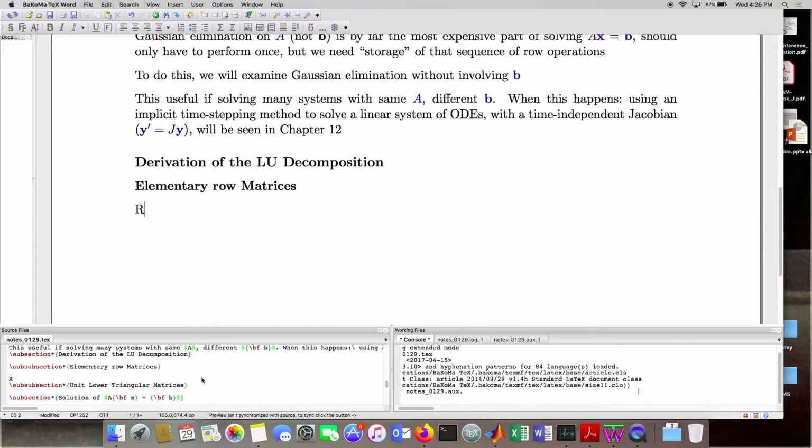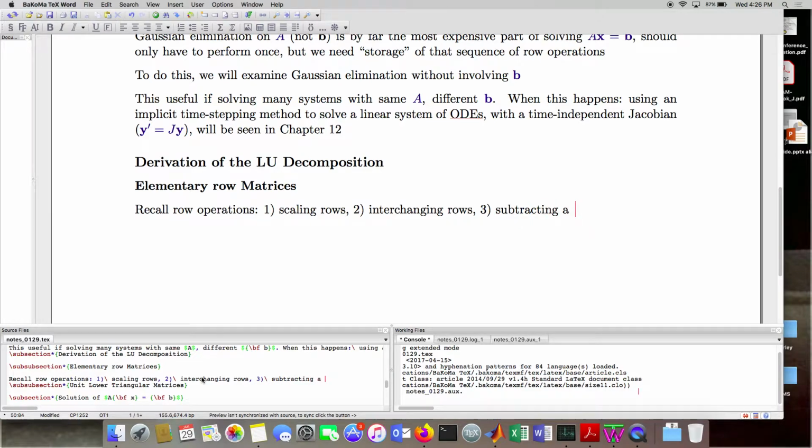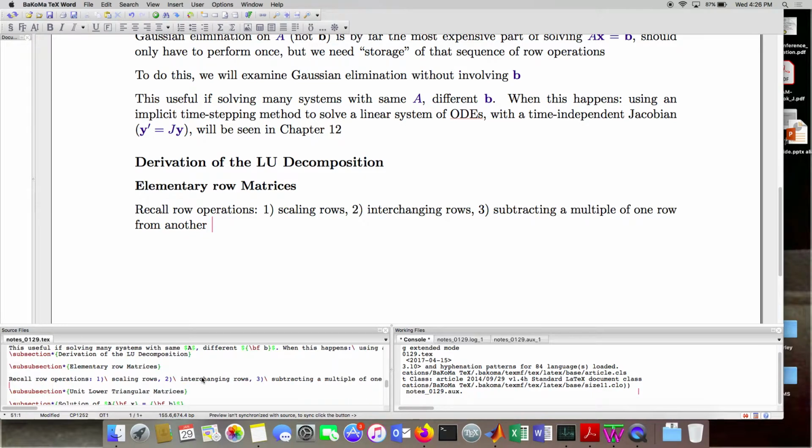So the row operations that we have are scaling rows, interchanging rows, and finally subtracting a multiple of one row from another.